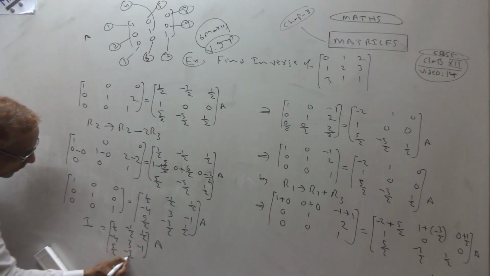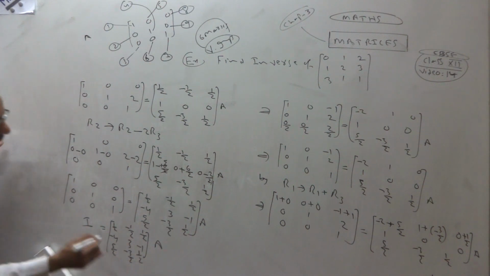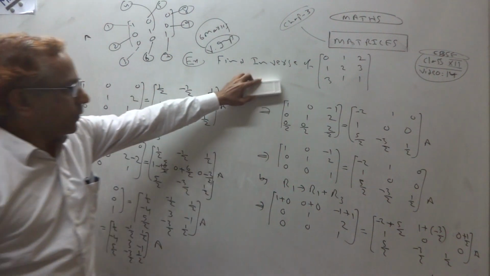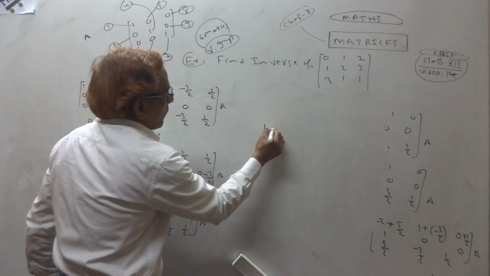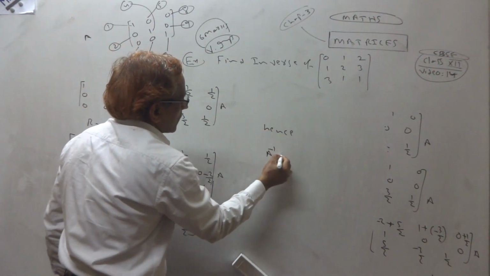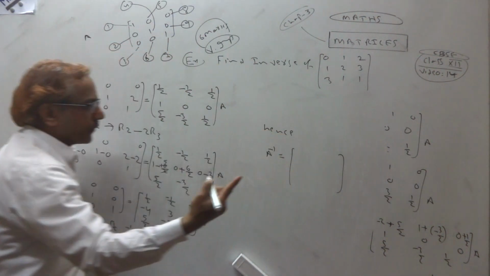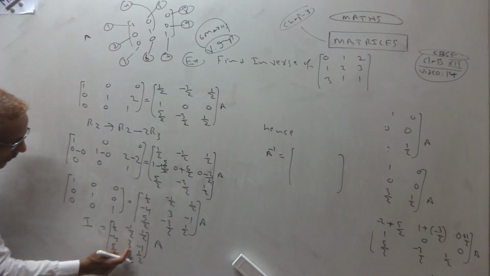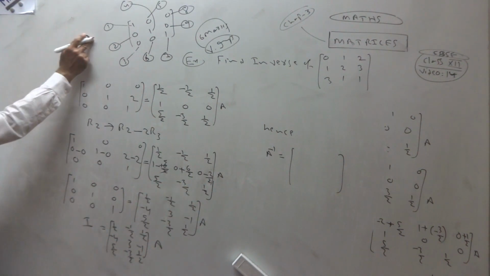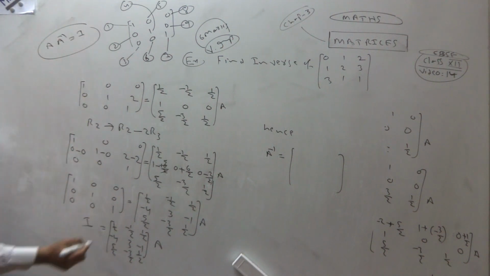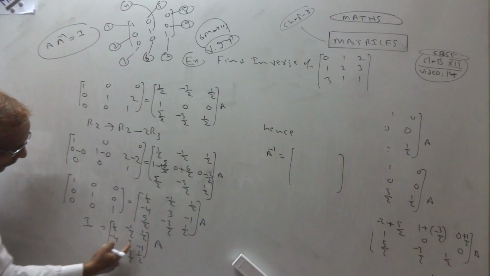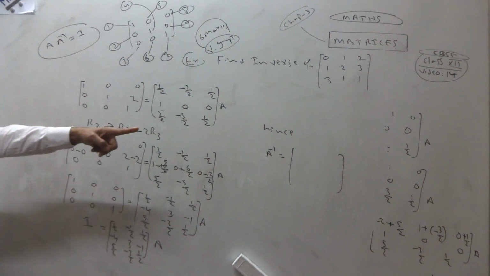2. Yes. Then we know by definition, when we get I on the left side, hence A inverse is, what is the inverse of A? Because we know that A into A inverse is I. See, A into A inverse is I. So this is called the inverse of A. Final answer.